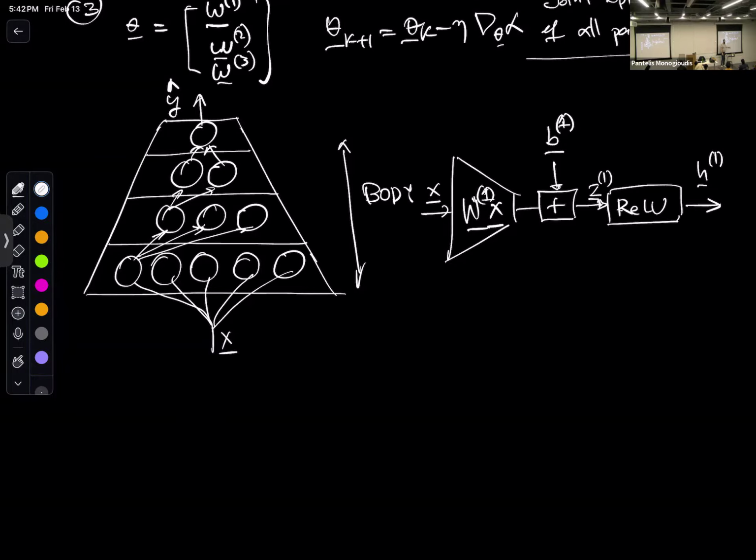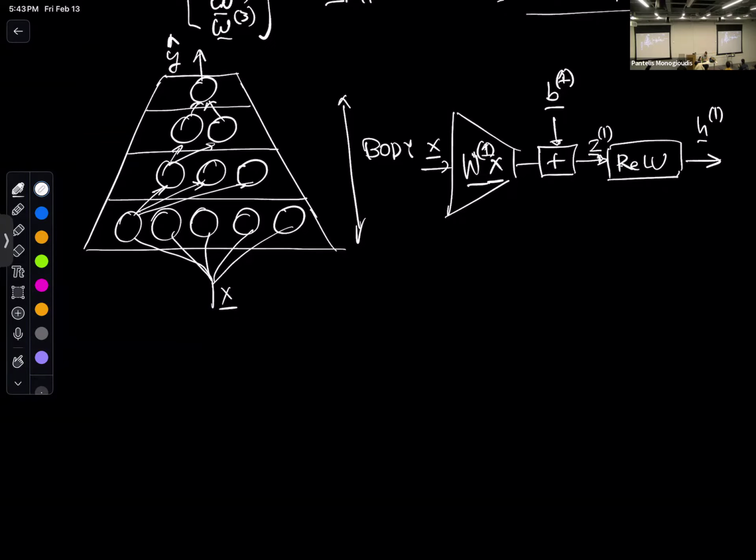We need to write down the equation, which is now trivial to write. Let me just draw also the ReLU function over here. This ReLU function is called rectified linear unit.